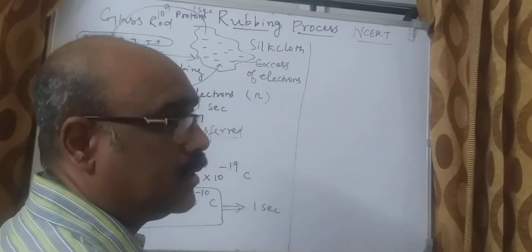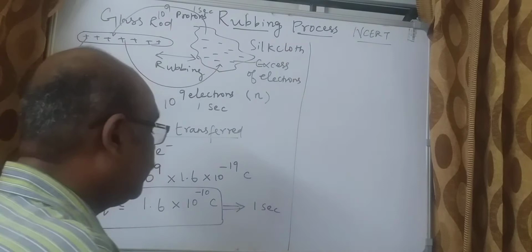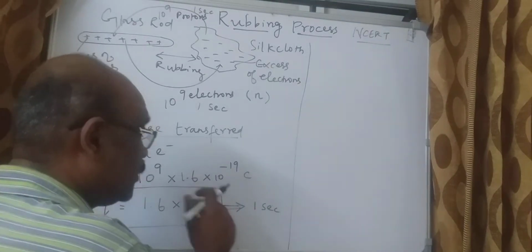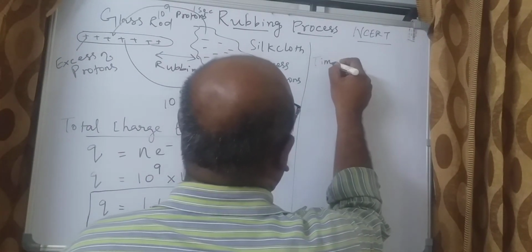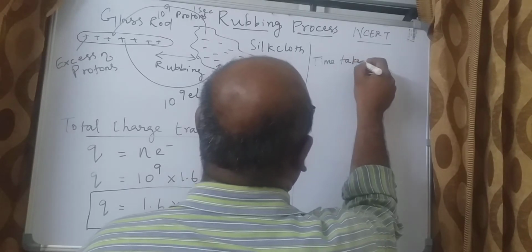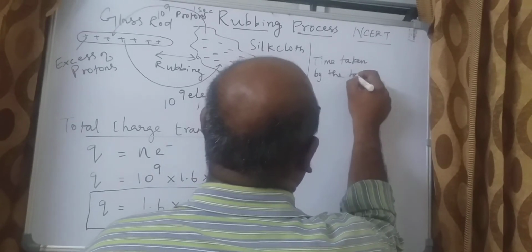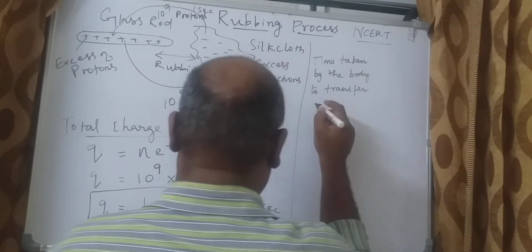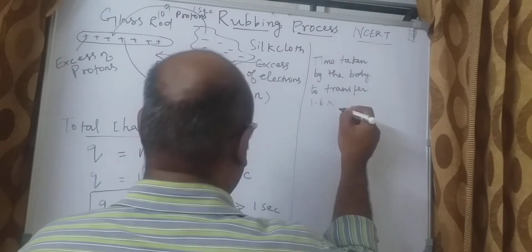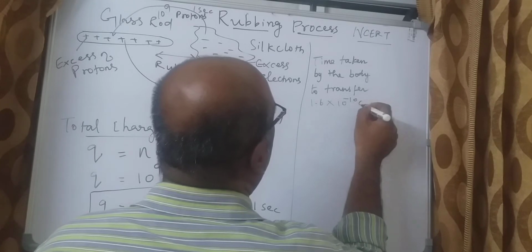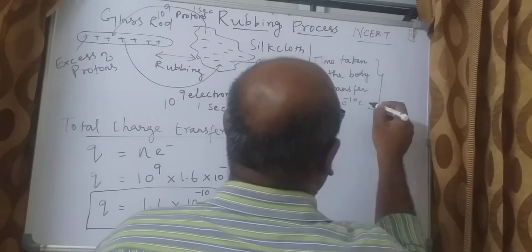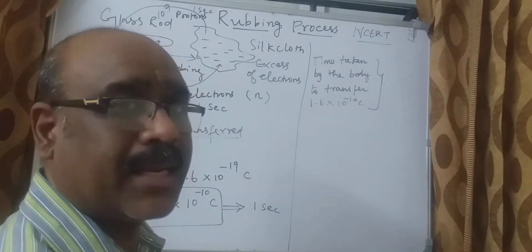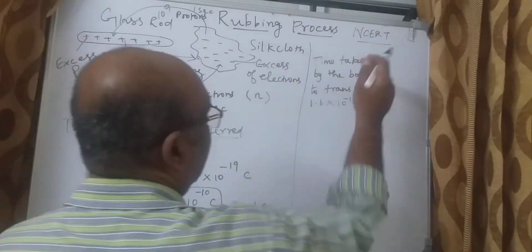The time taken by the body to transfer 1.6 into 10 to the power minus 10 coulomb of charge from one body to the other is 1 second.